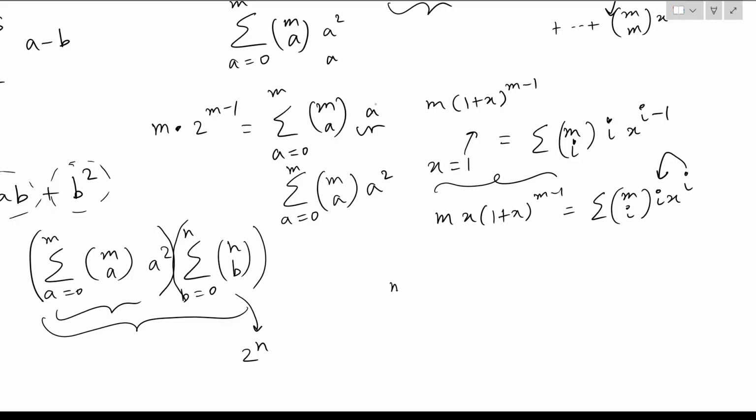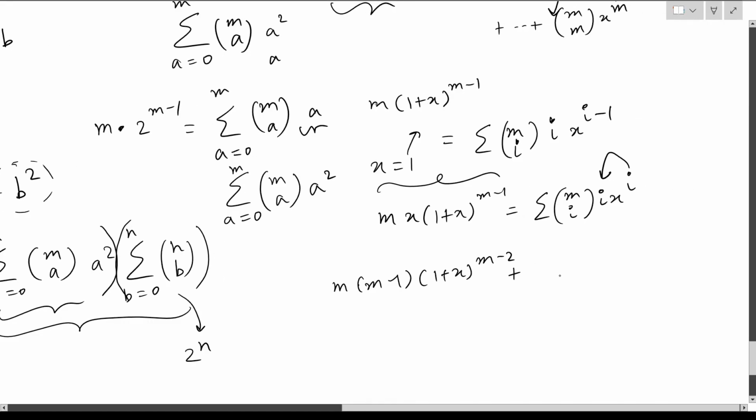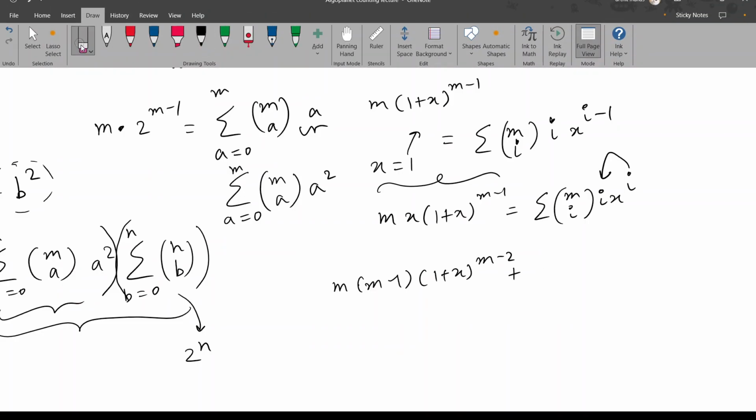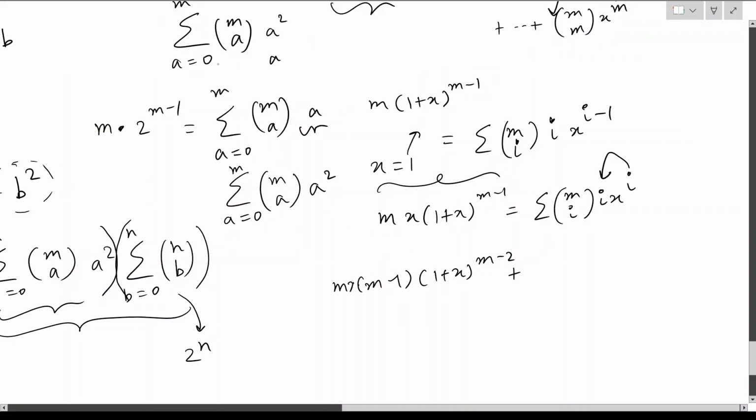This is simply m times m minus 1 times 1 plus x to the m minus 2, plus, the other possibility is to only differentiate, right? And that's just, sorry, messed up, I believe. This should also have an x: plus m times 1 plus x to the m minus 1.